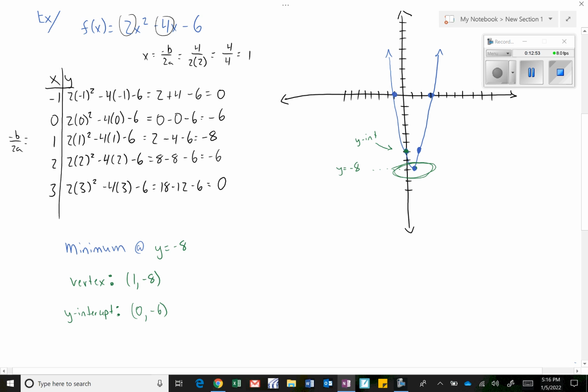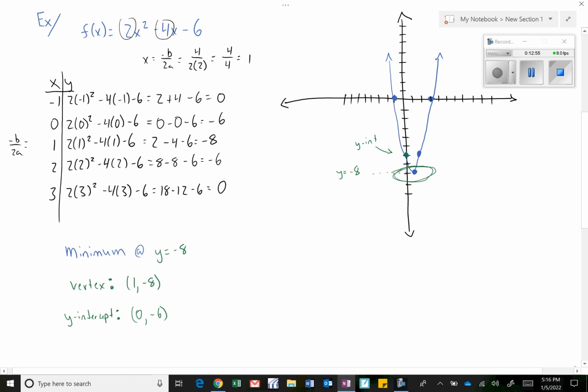And then I also have some x-intercepts I could talk about. Remember, x-intercepts are wherever the graph crosses the x-axis, so these two guys right up here are both x-intercepts, and these are actually going to be pretty important for us in the future, so I really want to point these out. Those are both x-intercepts.